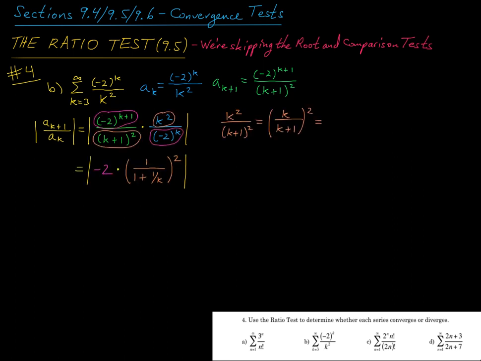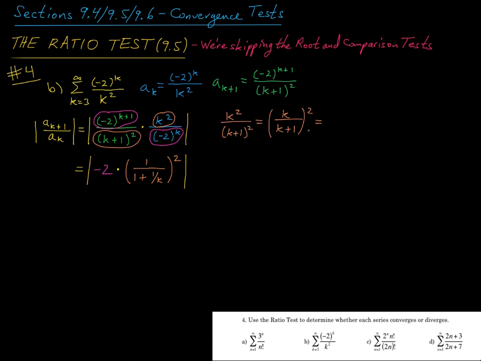And now we can go ahead and simplify. Negative 2 to the k plus 1 divided by negative 2 to the k: we lose k factors of negative 2, leaving 1 remaining, so that simplifies to negative 2. Then for k squared over k plus 1 quantity squared, I'm going to simplify that over here. First note that the numerator and denominator are both squares, and so I can write that as k over k plus 1 quantity squared.